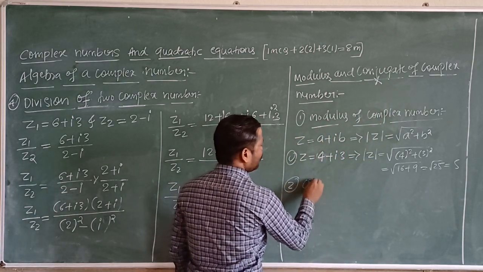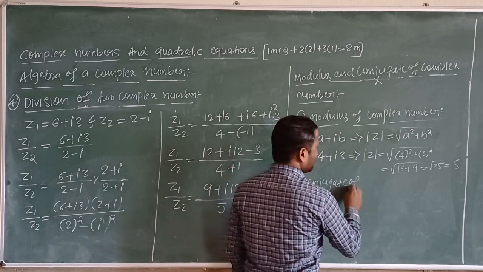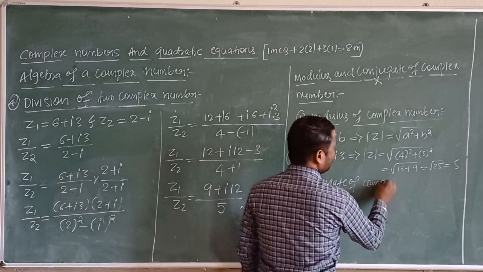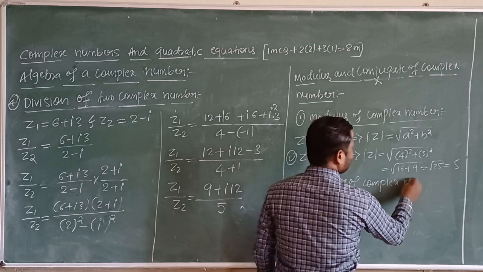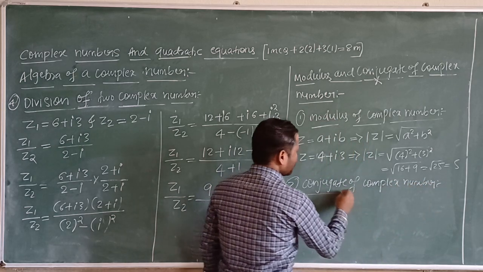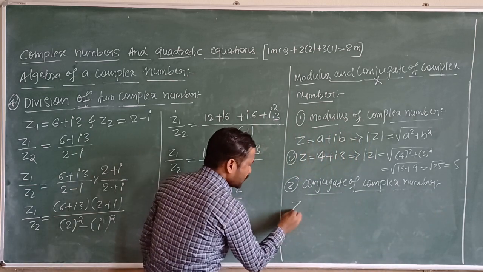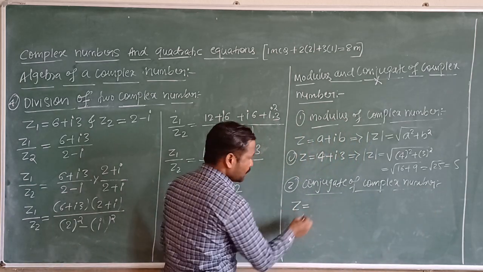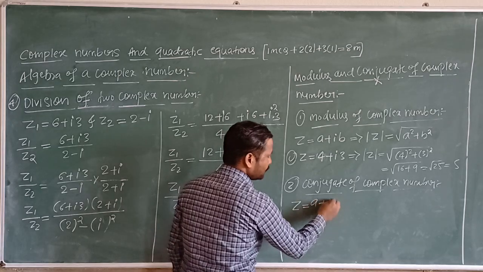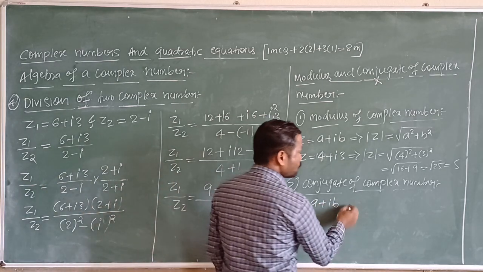Conjugate of a complex number. Take Z equals a complex number, a plus ib.